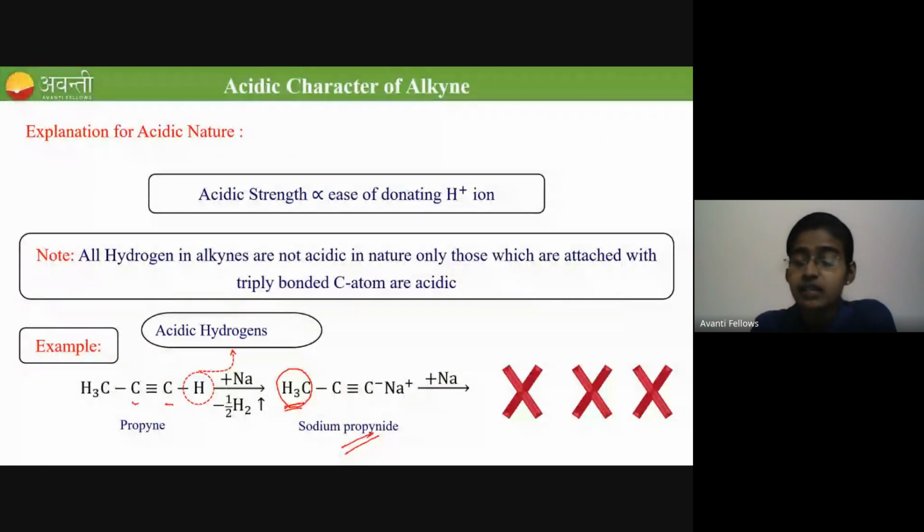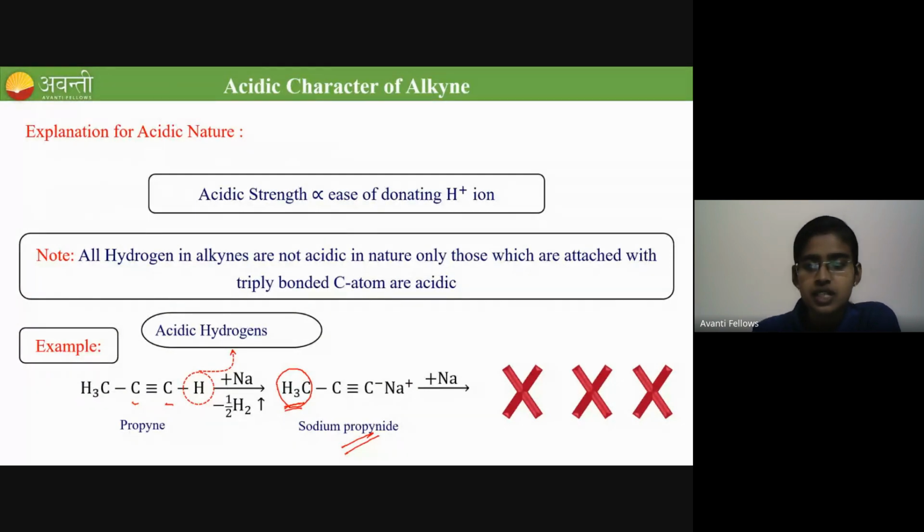In propyne we have only one acidic hydrogen. Which is more acidic? Unnati? Ethyne is more acidic, because it has two acidic hydrogens. Okay, good. So I hope the concept is clear.